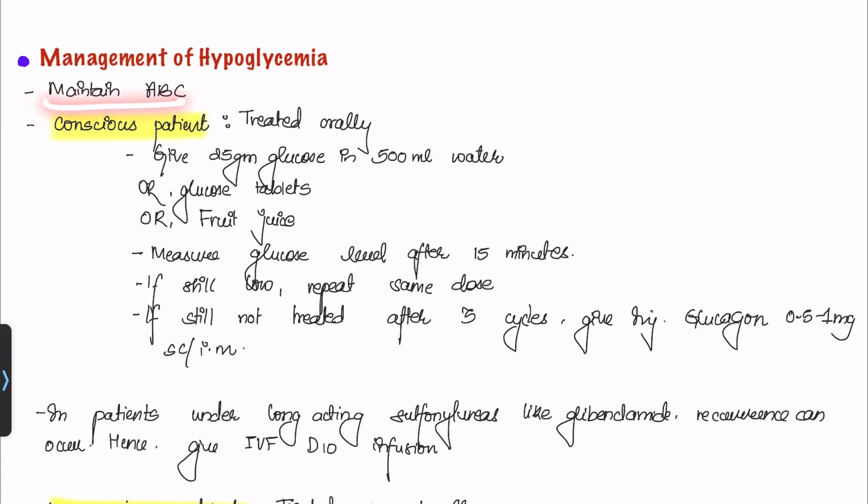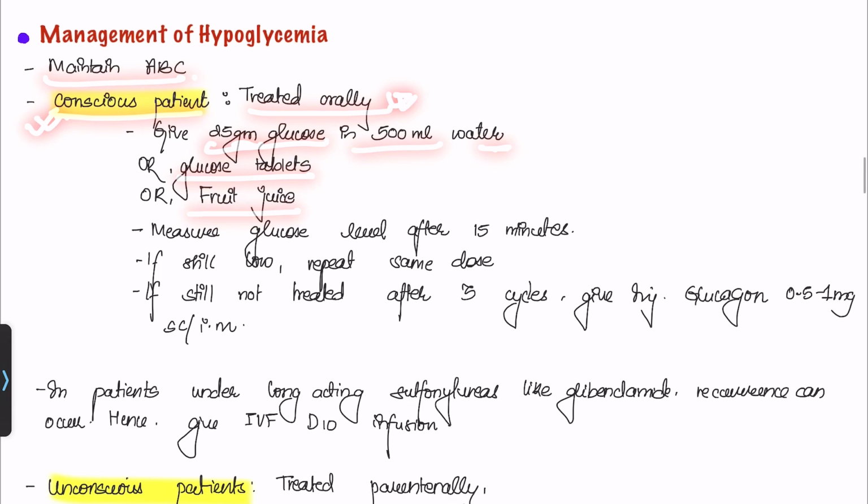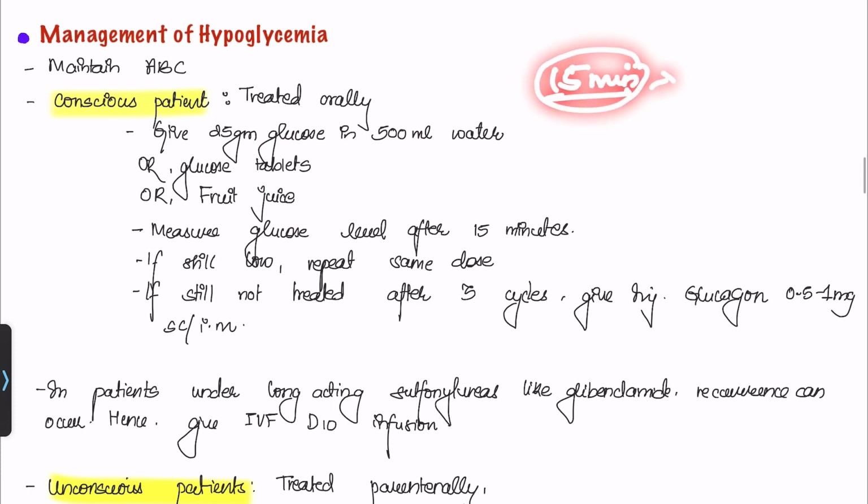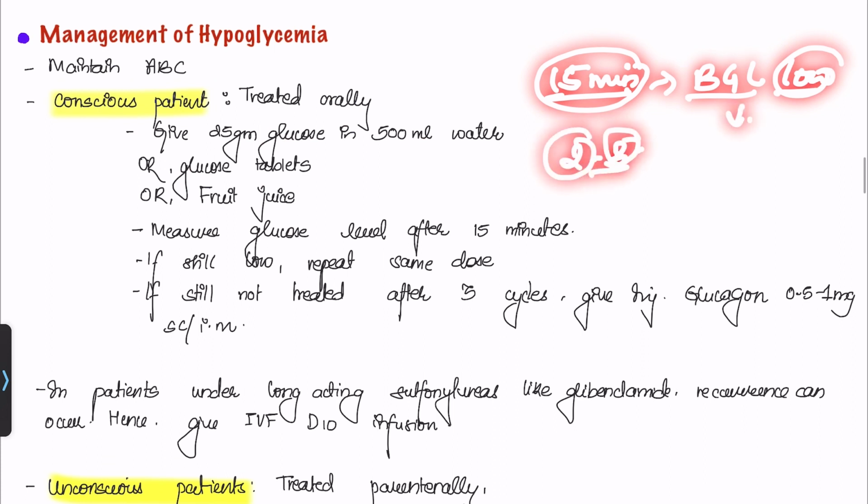First, we need to maintain airway, breathing, and circulation. If the patient is conscious, we will treat orally by giving 10 to 15 or 25 grams of glucose in 500 ml of water, or we can also give glucose tablets or fruit juice. We will measure the glucose level after 15 minutes. If it is still low, we will repeat 2 or 3 more cycles of the same treatment.